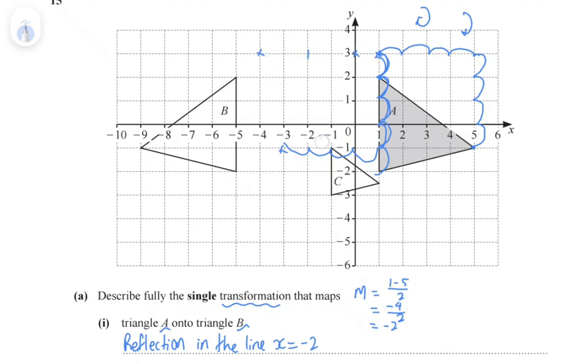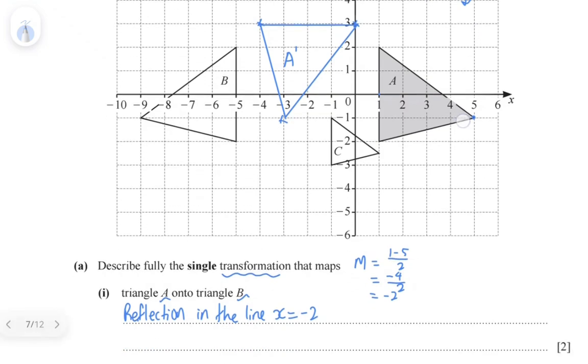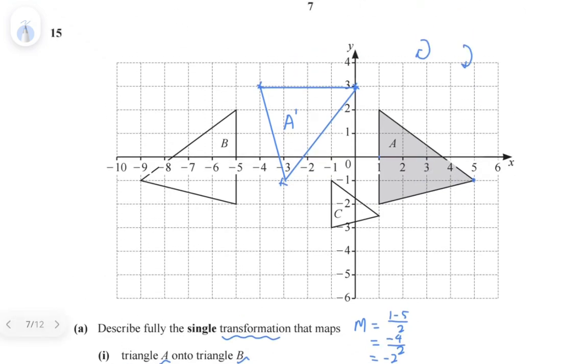So this gives us these 3 points, and connecting them together, we get the image A dash, which is the rotation of A 90 degrees clockwise about the point 1, 3. And double checking the triangle, you can see that it's still the same size as 1, 2, 3, 4, and 1, 2, 3, 4, meaning that we drew it correctly.